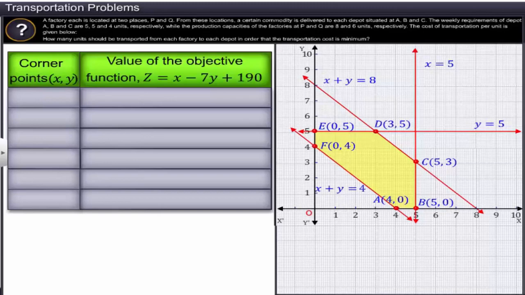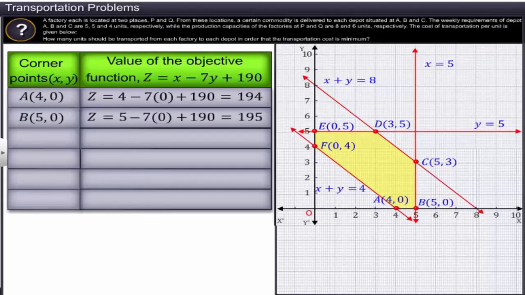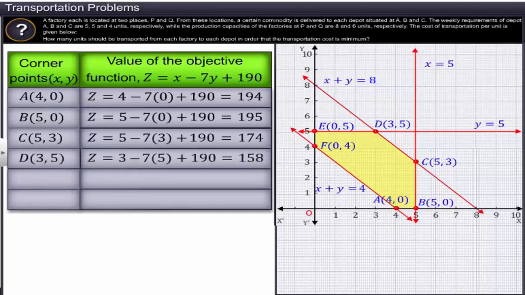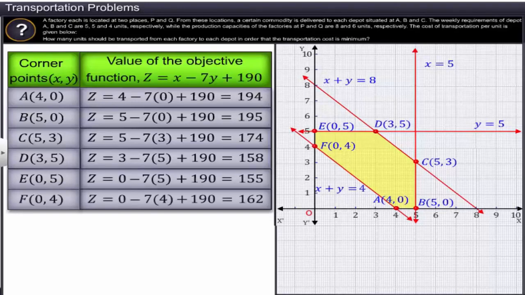The value of the objective function is 194, 195, 174, 158, 155, and 162 at the points (4, 0), (5, 0), (5, 3), (3, 5), (0, 5), and (0, 4) respectively.